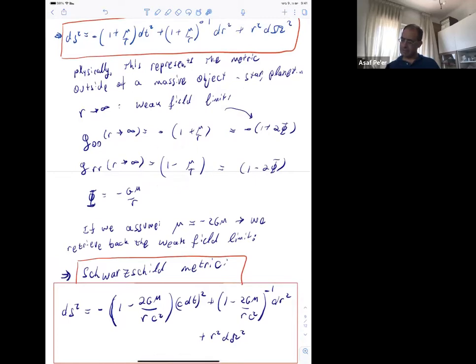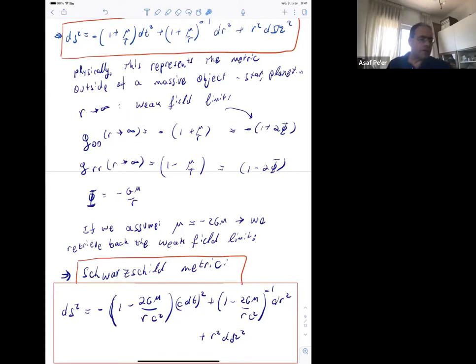Only when r goes to infinity, right, I can take the, what did I do? I think I had a mistake here. No, I'm okay. Only when r goes to infinity, let me check that I didn't do any mistake here. Then the second term is small enough so that I can do a Taylor expansion.